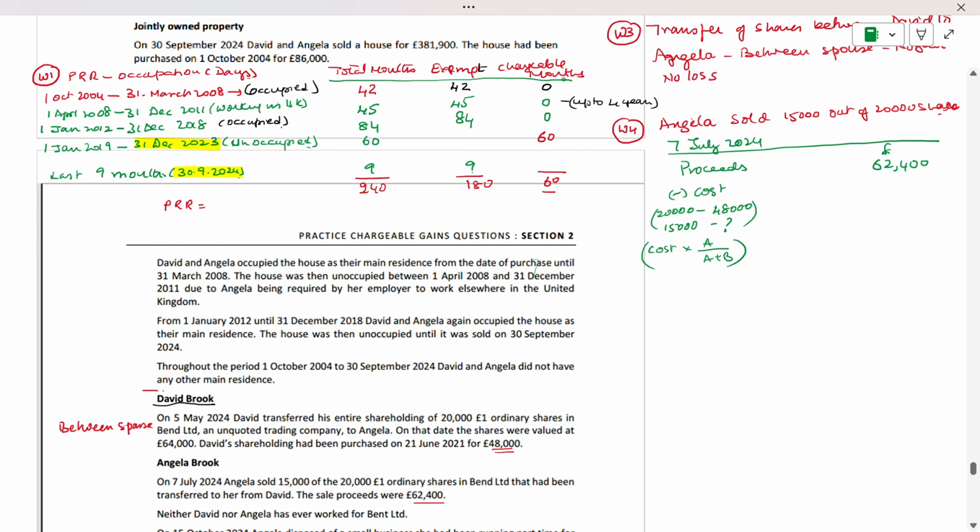Yes, sir. How much is the cost? 48,000 times 15,000 divided by 20,000 is 36,000. The difference is 26,400.